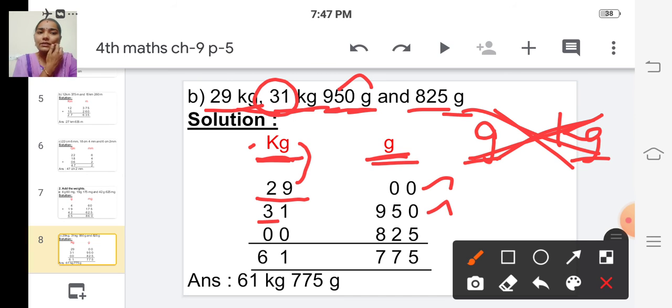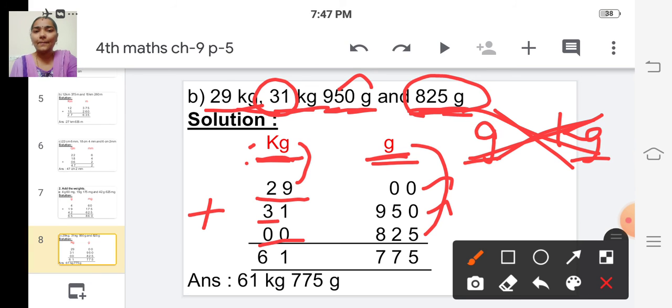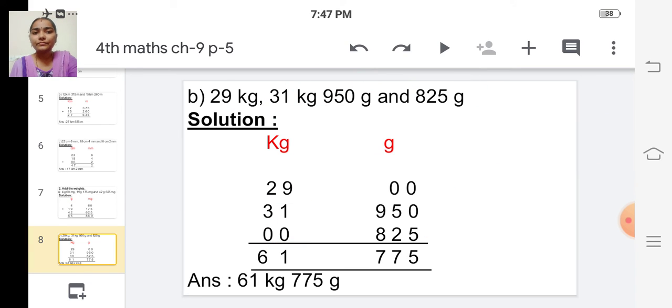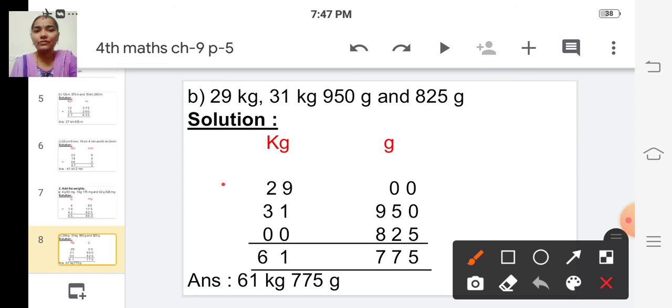Okay, and the third weight is 825 gram. So there is no kilogram. So we have to write 0, 0 in the kilogram. So it is very easy to add. Okay, so write 825 below this gram. Okay, so now we shall add.